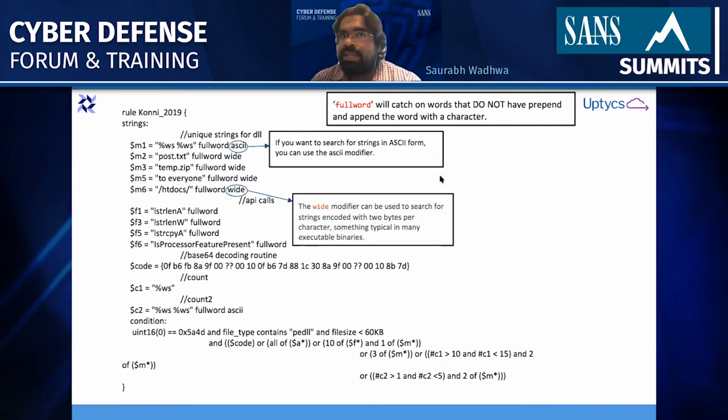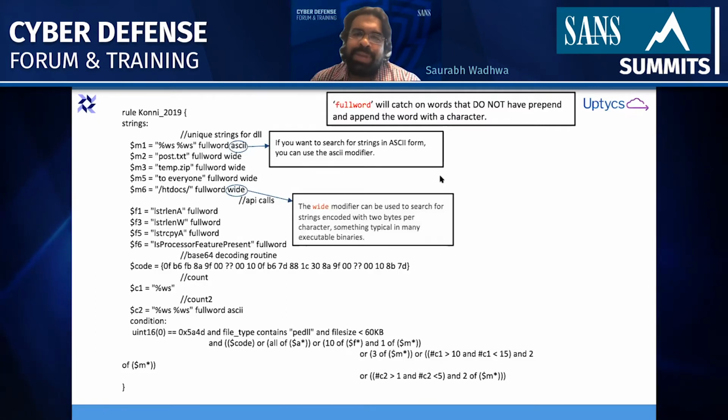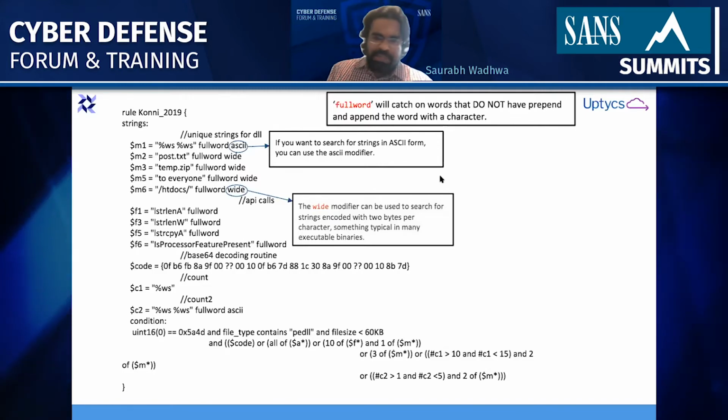If there is ABC, then it would be a match. And if there is something like my dash ABC, then again there would be a match. So basically full word will catch on words that do not have characters prepended or appended to the word. That's what it means.